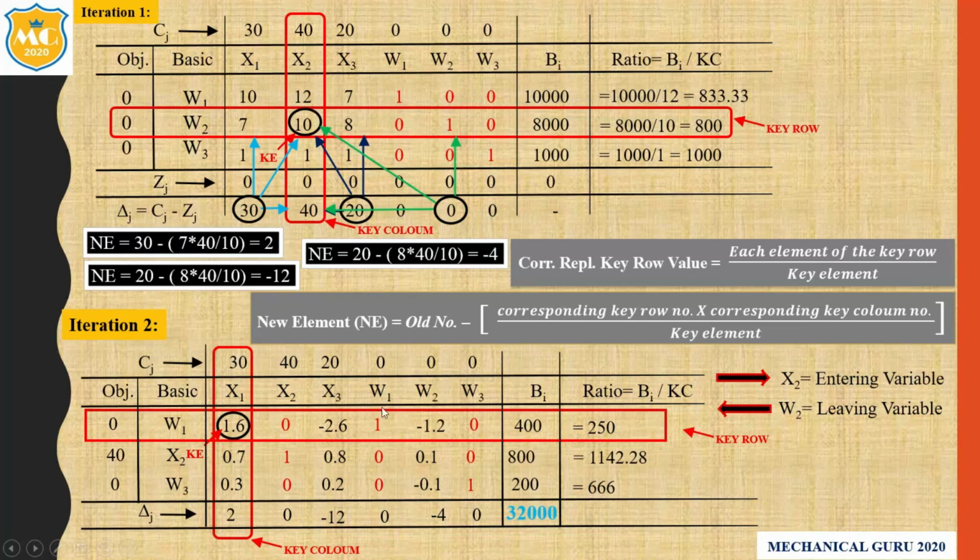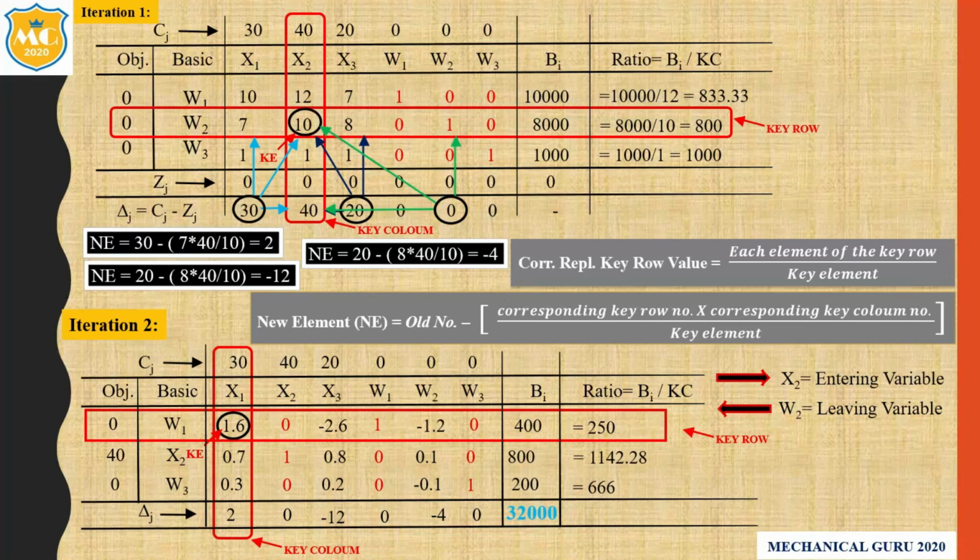This multiplication: 0 into 400, 40 into 800, and 0 into 200. So here we get 32,000. In initial iteration 1 we get 0, and here we get 32,000. It means our problem is maximization, so we want to maximize the profit. Here we get positive numbers, which means we are going in the right direction.